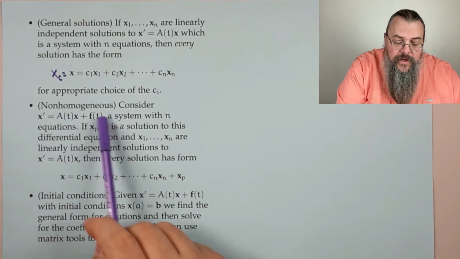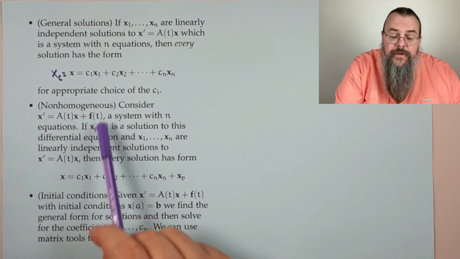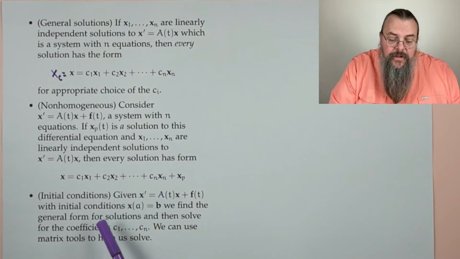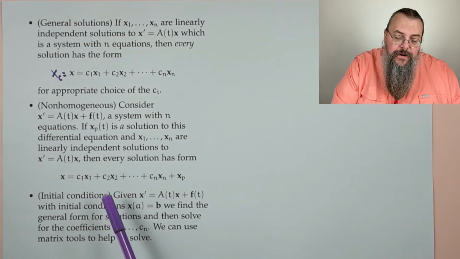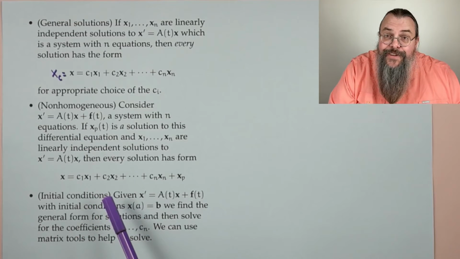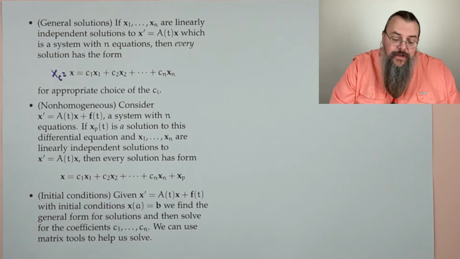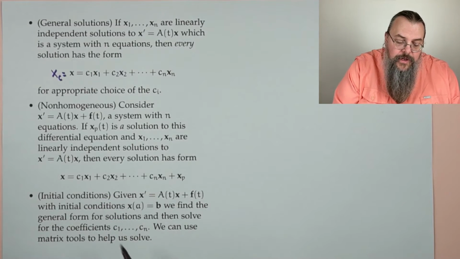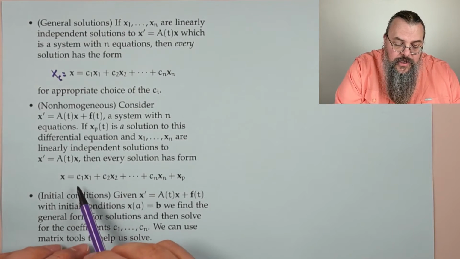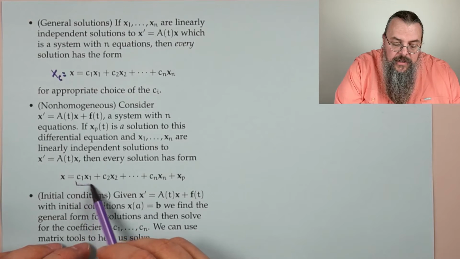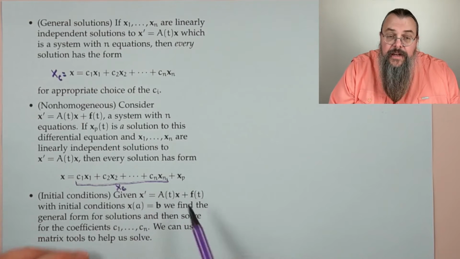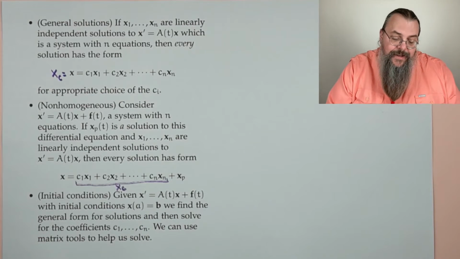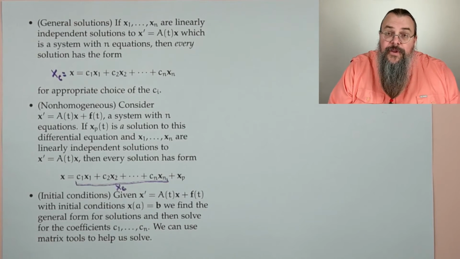If we have a non-homogeneous part, some f of t, then we find one solution. We call that our particular solution, xp of t. And then what do we say? Well, all solutions are found by taking the one we had, our xc, and adding xp. And so that gets everything.